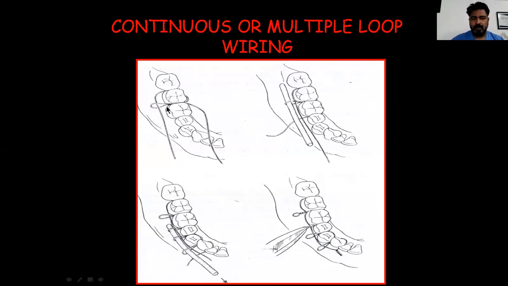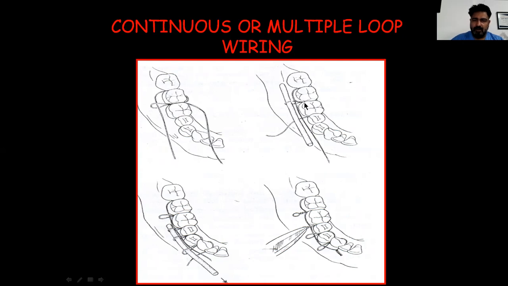So prepare a big loop. It is put like this and the wire is taken out like this. Then this wire is taken out like this and wired again, then put back, then from another tooth, put again, then another tooth and put again. So the main wiring is done by the internal one.